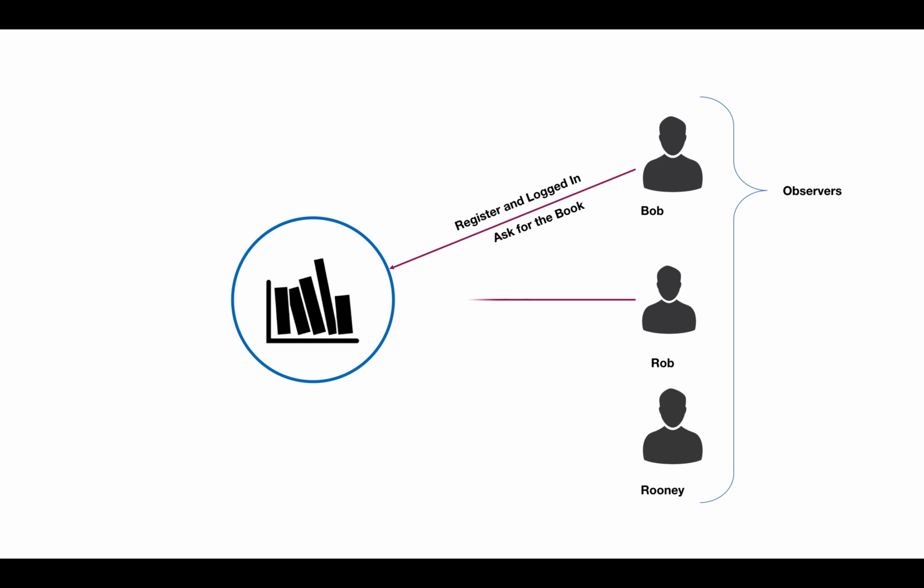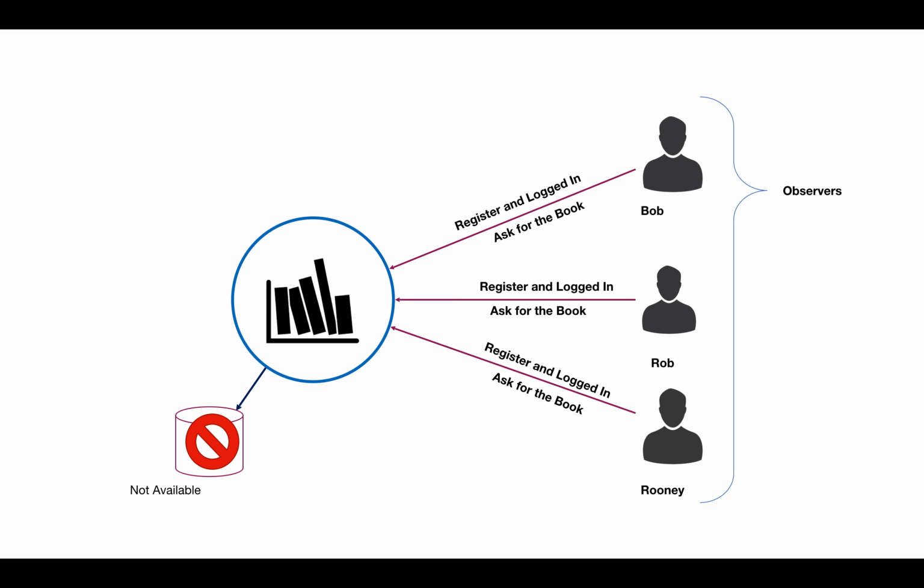They all want to buy a book from this application. So they logged in to the application and searched for that book. But unfortunately, that book is not available, or in a sold out state. So they all click the notify button, meaning please notify when the book becomes available.